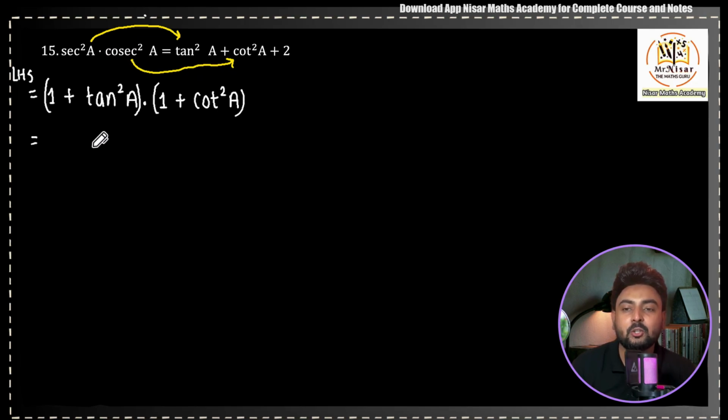Now this is multiplication of a binomial. How to do the multiplication? I hope you know this 1 will be multiplied with the whole bracket. Even this tan square A will be multiplied with the whole bracket.